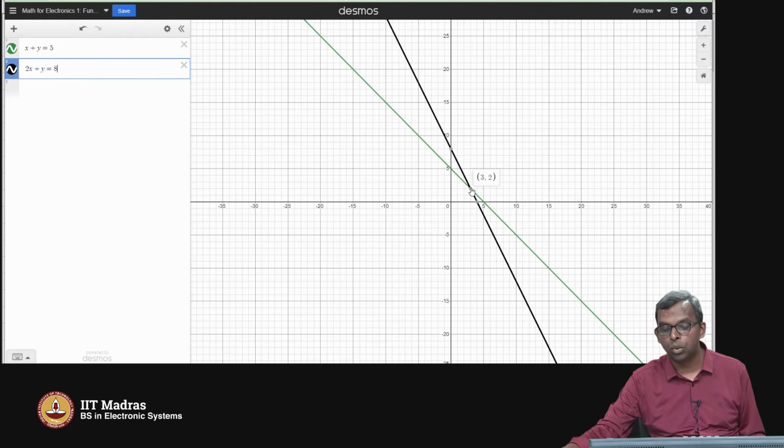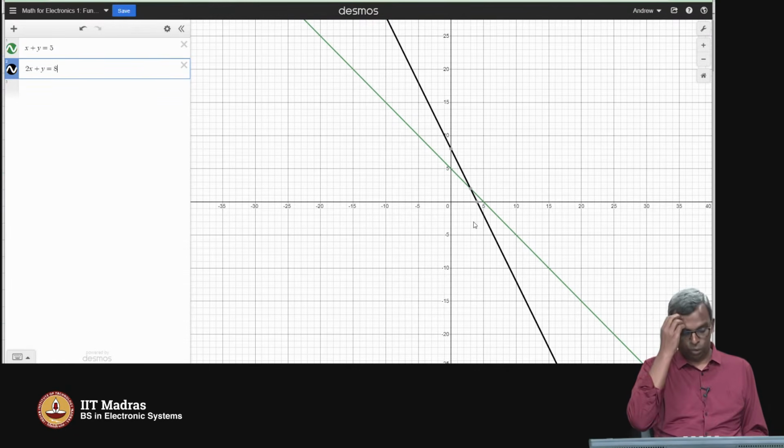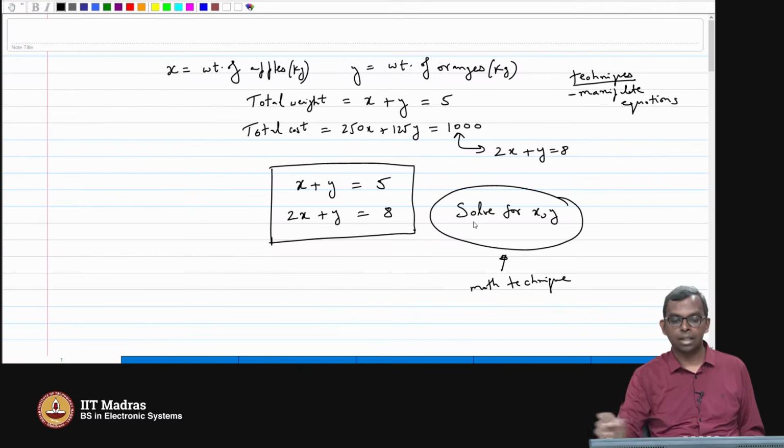The place where these two intersect, which is 3 comma 2, according to this Desmos calculator, is the point where both the equations are simultaneously satisfied. At 3 comma 2, x plus y is 5, since 3 plus 2 is 5, and also 2x plus y is 8. So this 3 comma 2 is the intersection point where both are satisfied, and that solves this pair of equations. So you see that if you use the graphical method, you get that.